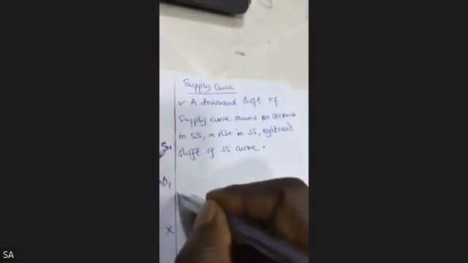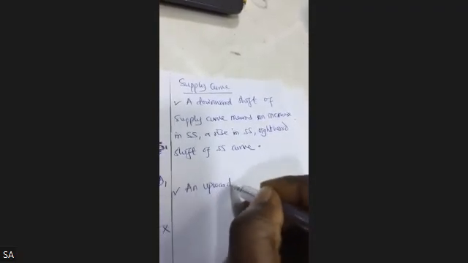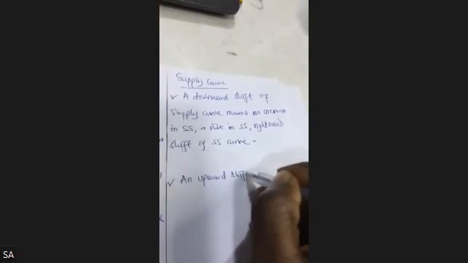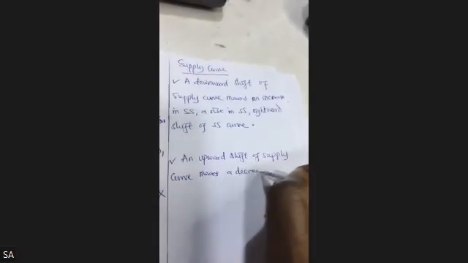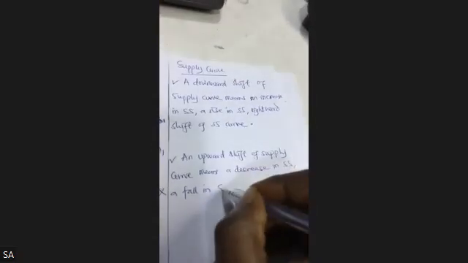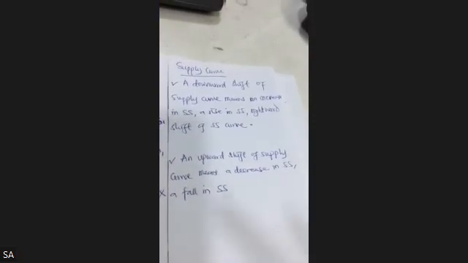So let's look at an upward shift. Class, an upward shift of the supply curve means a decrease in supply, a fall in supply.